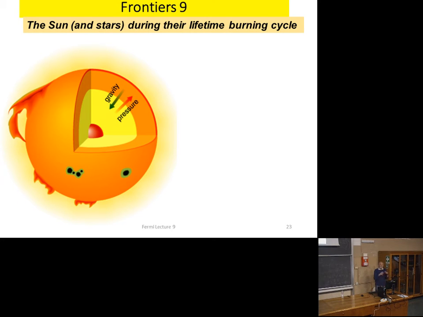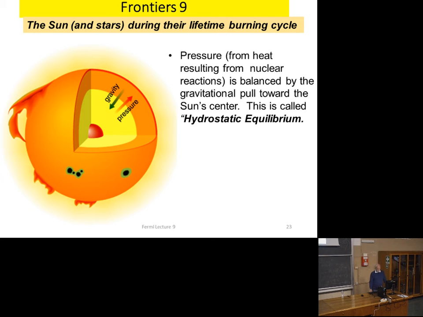During the burning cycle, somewhere in the middle part there's a nuclear fusion reaction. We have gravity pulling in, and we have a pressure outward that comes from the fusion reaction. And that's an equilibrium that sets the size of our sun itself.